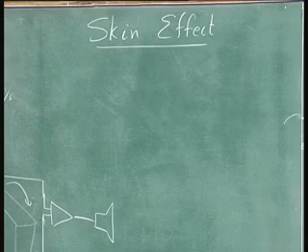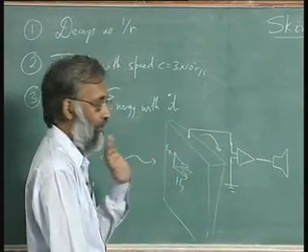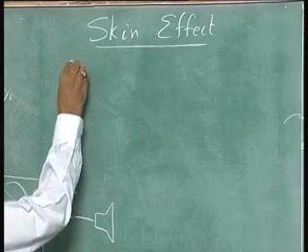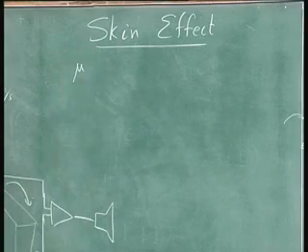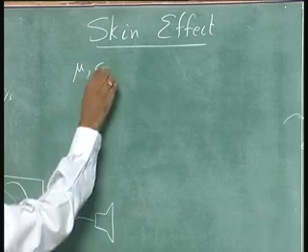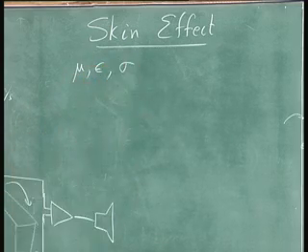So, I have this wave that has somehow entered a material region. So, it is inside a region with permeability mu, permittivity epsilon, and conductivity sigma.